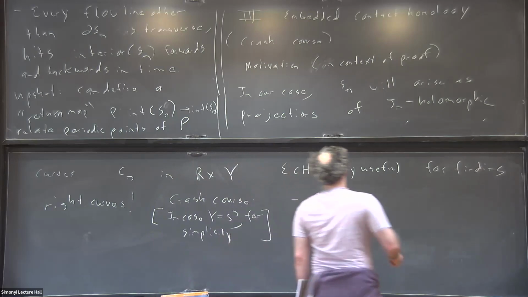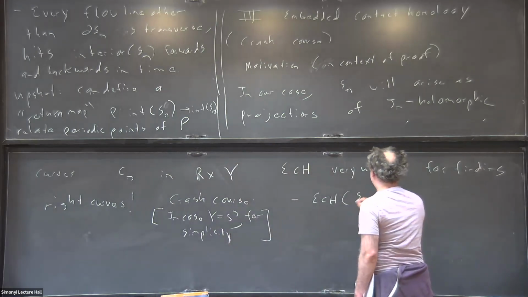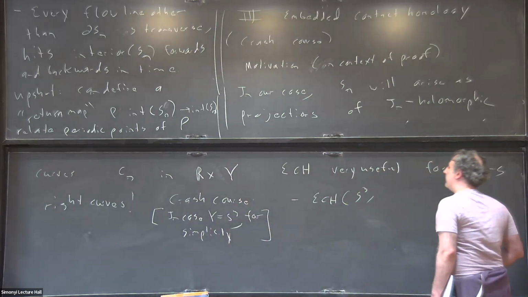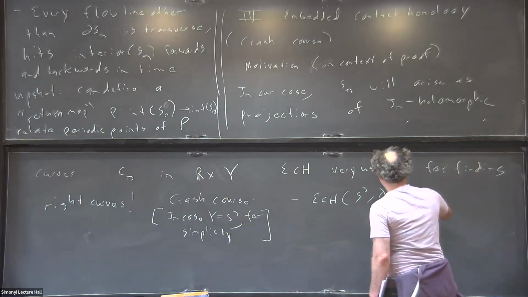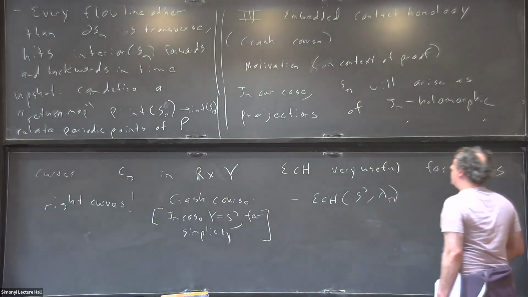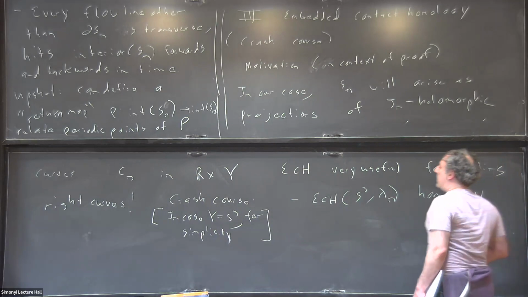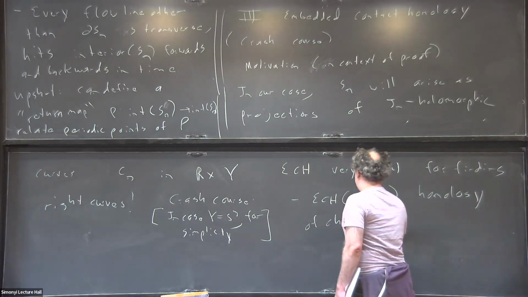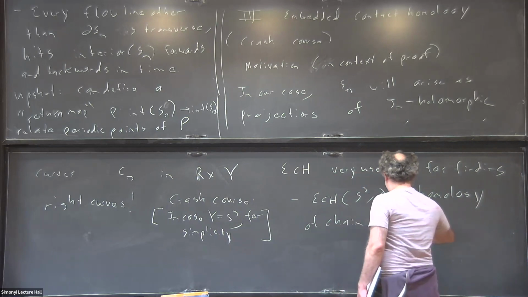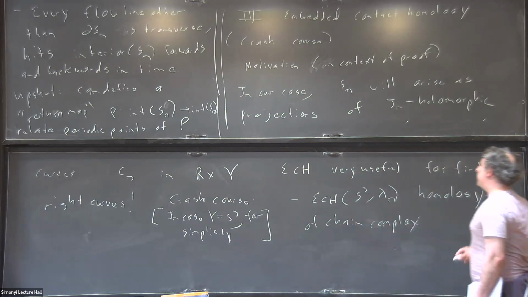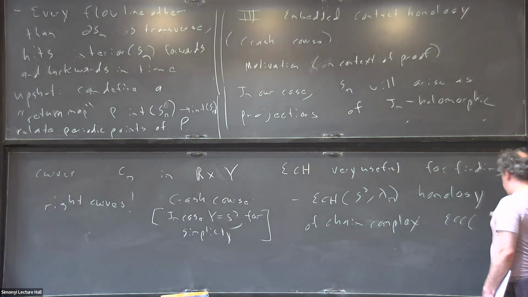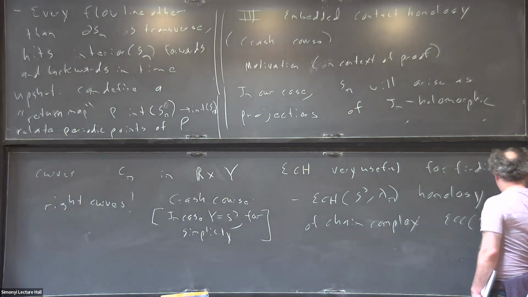So the first thing you want to know is that ECH of S3, let's say lambda n, is the homology of a chain complex, ECC of S3, lambda n.